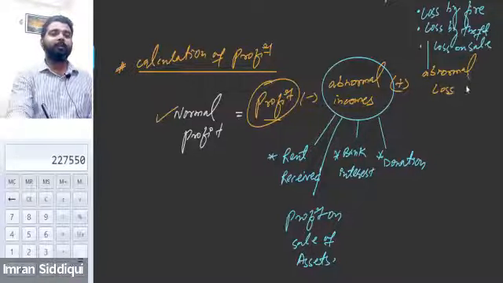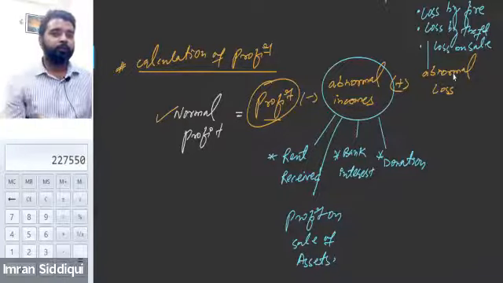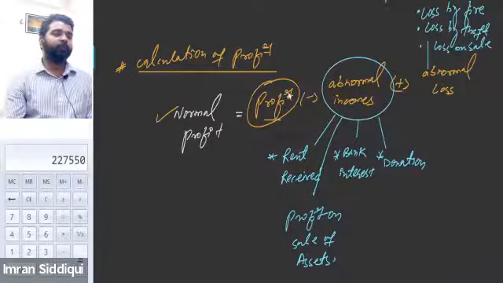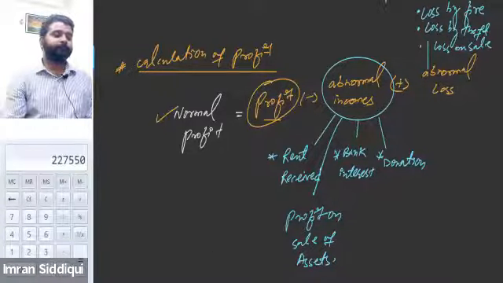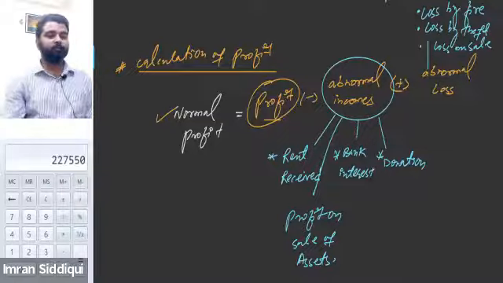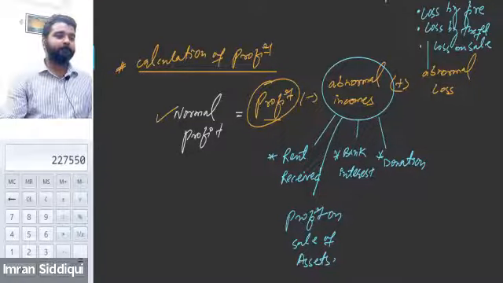All these are considered as the abnormal losses. So in order to find out the normal profit, we will be subtracting the abnormal incomes and adding the abnormal losses in the amount of profit. Tell me guys, is this clear to all of you? Yes or no? Yes, sir. Okay.